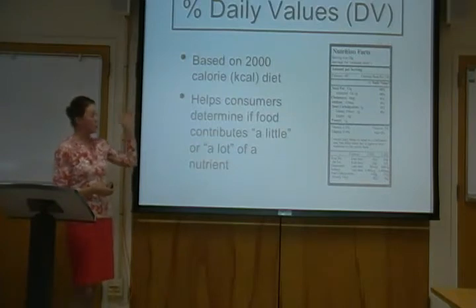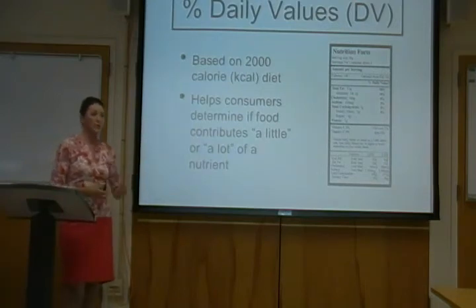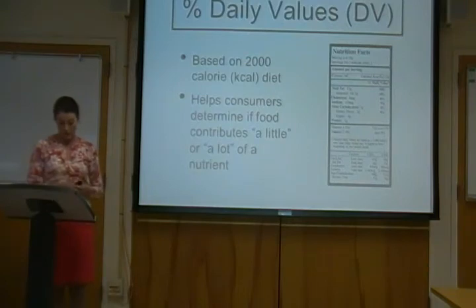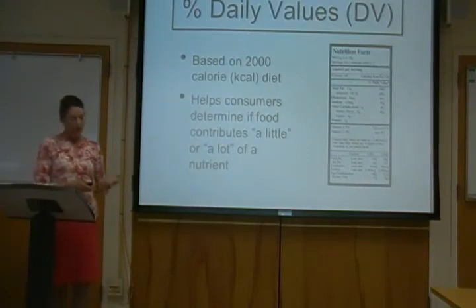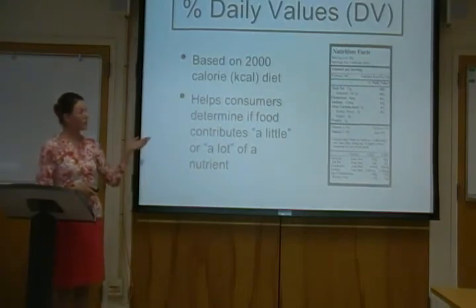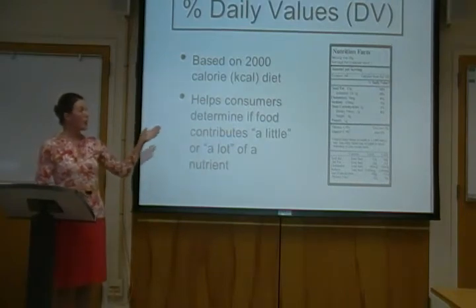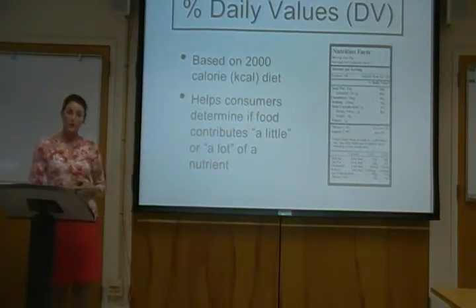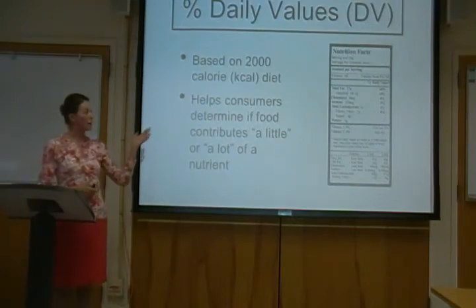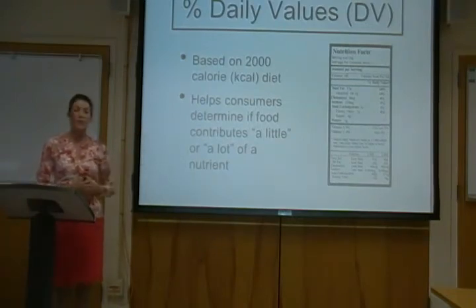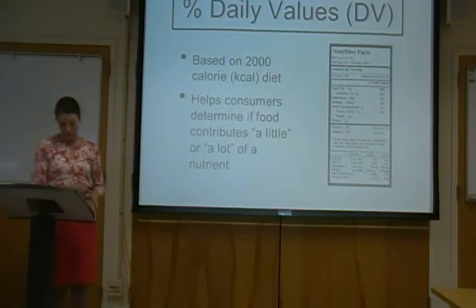It's based on a 2,000 calorie diet, so they're all uniform, and it helps determine what's a little amount or a large amount of a nutrient. Information that has percent daily values includes total fat, cholesterol, sodium, total carbohydrates, proteins, and then your vitamins and minerals.